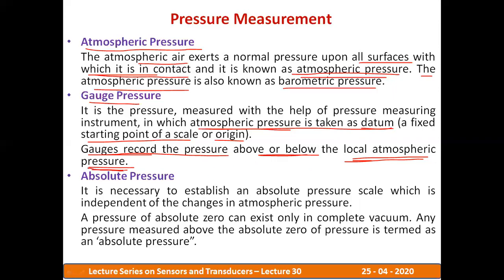So that's why another pressure term comes into picture, that is absolute pressure. Okay, so in order to overcome these local atmospheric pressures, the variation in the atmospheric pressures, the remedy is absolute pressure.